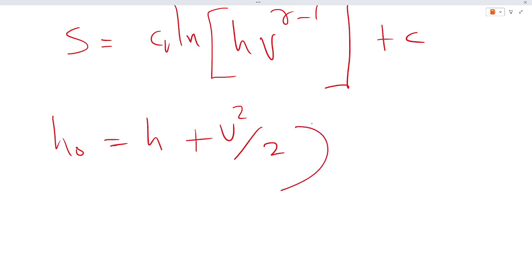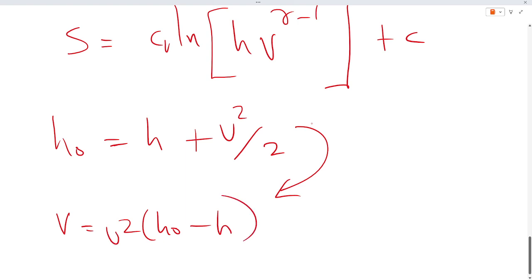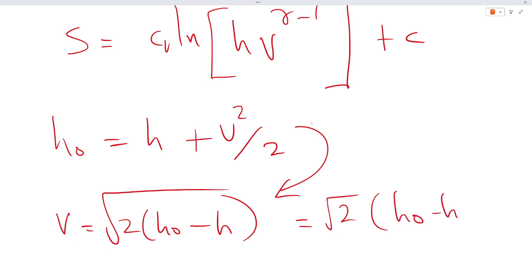Now from here, you can deduce that V squared equals 2 (H0 minus H), which becomes V equals root 2 times the square root of (H0 minus H).